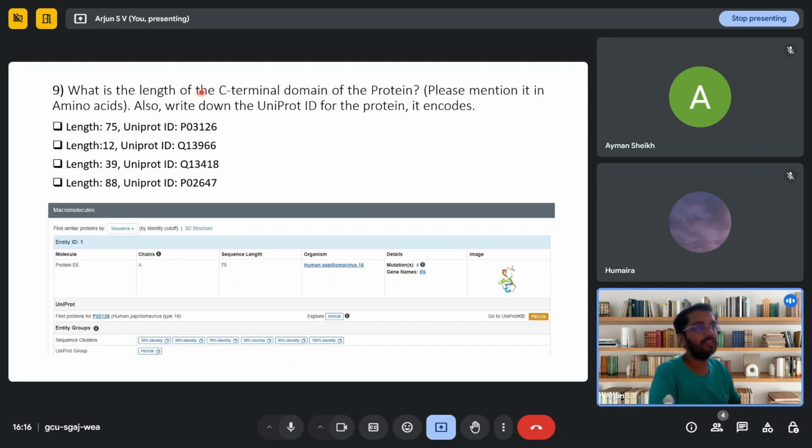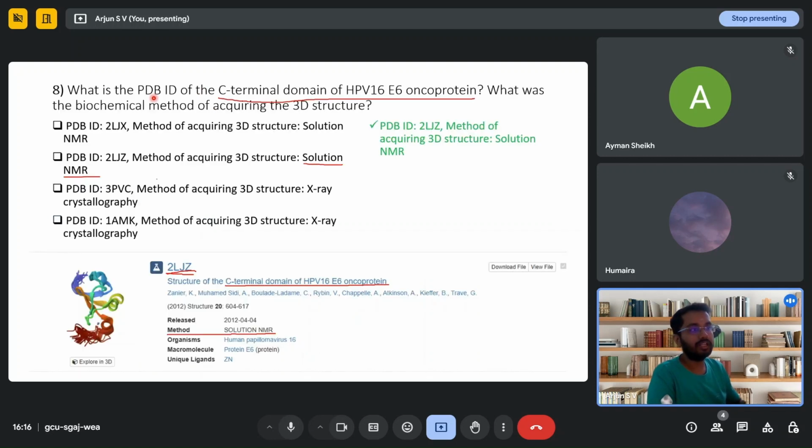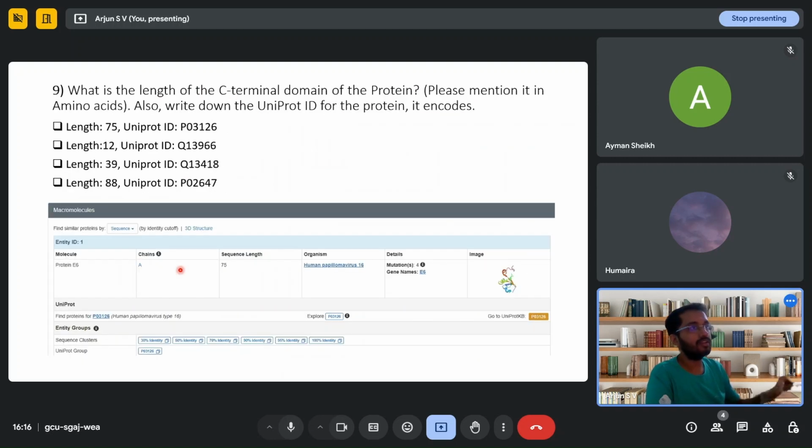It's a continuation of the same thing. So you can click onto this 2LJZ page and then explore the other questions' answers. They are asking, what is the length of the C-terminal domain of the protein? Please mention it in amino acids. Also, write down the UniProt ID for the protein it encodes.